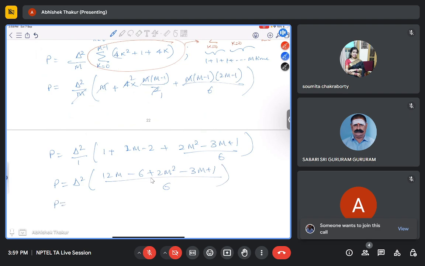So this is equal to delta square (2M square plus 9M minus 5) by 6.